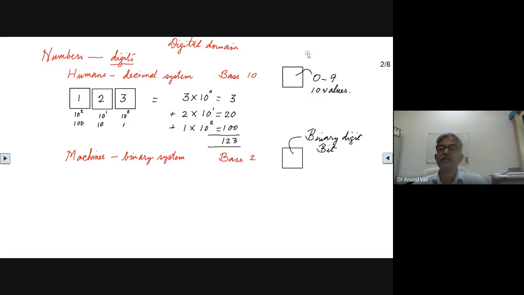Unlike the decimal digit which we had here, which could take 10 values, here it can take only 2 values.